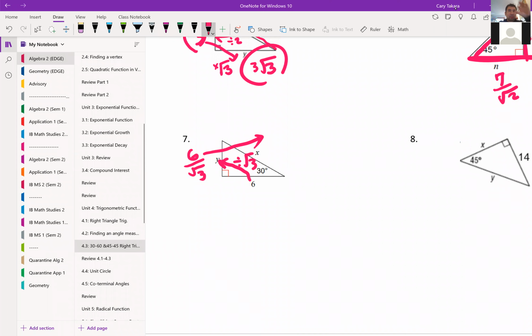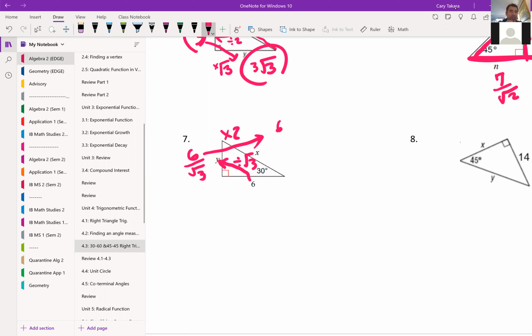So you're going from short to big, so you're going to multiply. Now, what are you going to multiply by? What does your note say? What's the relationship between short leg and the hypotenuse? It's double, half. So you're going to multiply by 2.